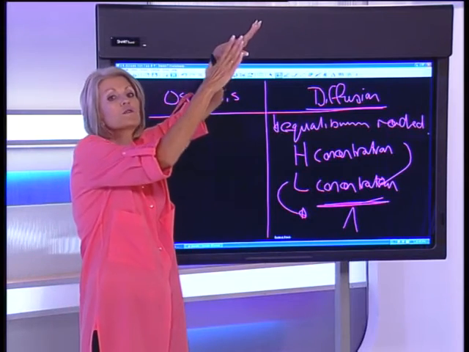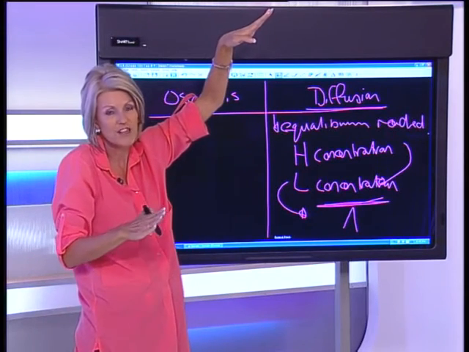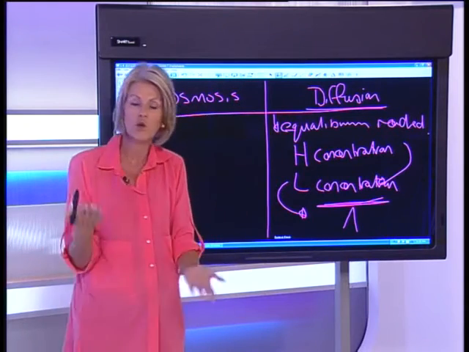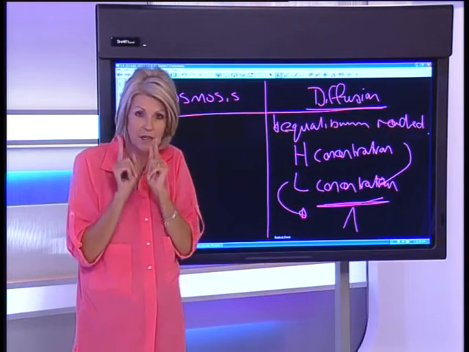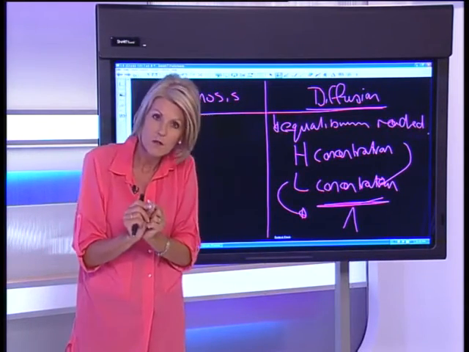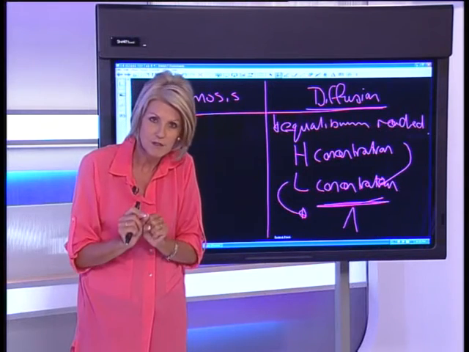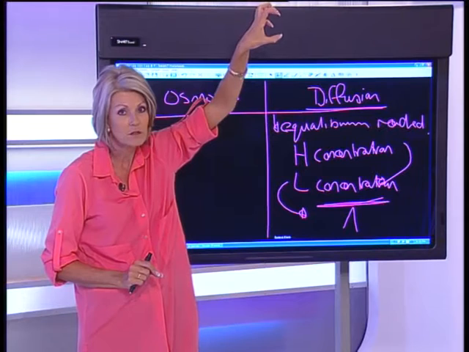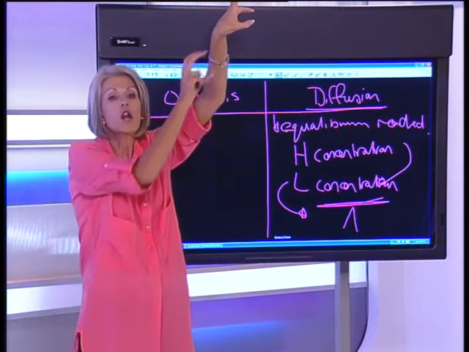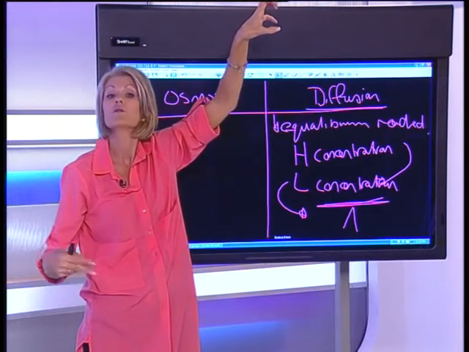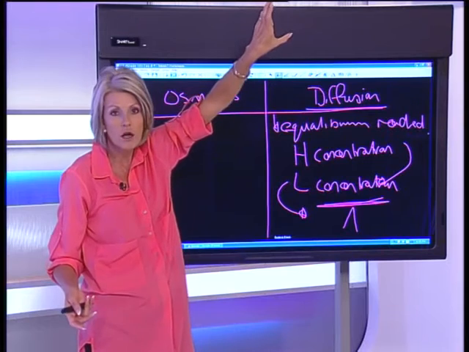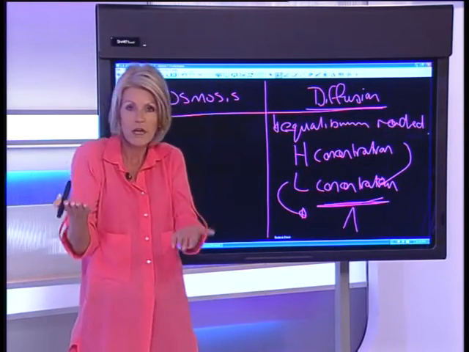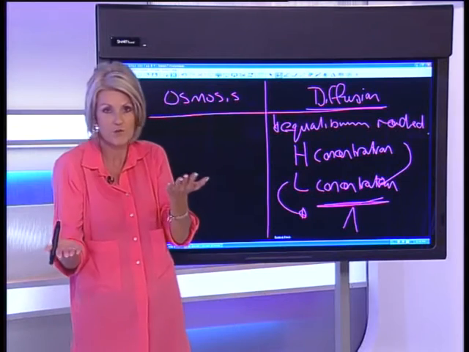We say that it moves along the concentration gradient, until an equilibrium is reached. I'm going to say that again. Diffusion is when the particles of a substance move from a higher concentration, so where there's more, to a lower concentration where there is less, along the concentration gradient until an equilibrium is reached.